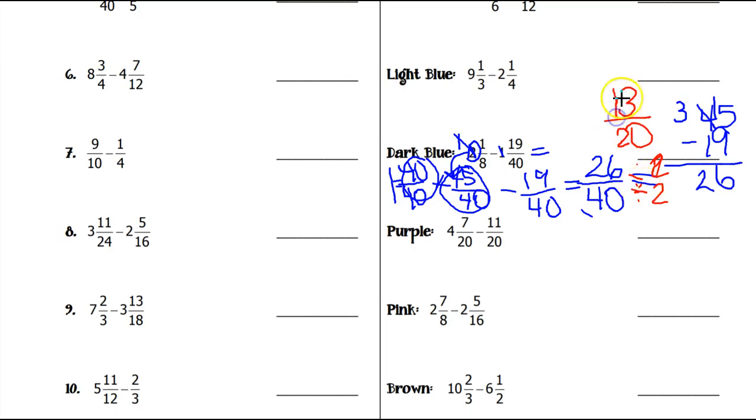And since 13 is a prime number, that means there's only one factor that goes into it, 1 and 13. I can't make this number any smaller, so I now know that this is my answer, 13/20. So it's a lot of steps, but really you were just giving to it, and you're adding and subtracting, and you have a little bit of multiplication and division all wrapped up into that problem.